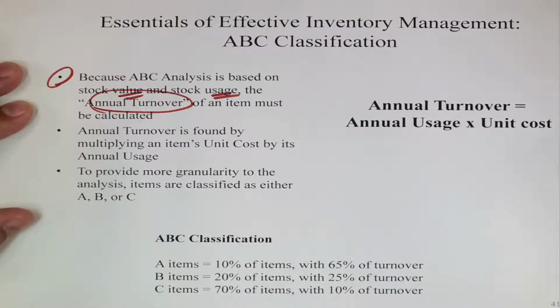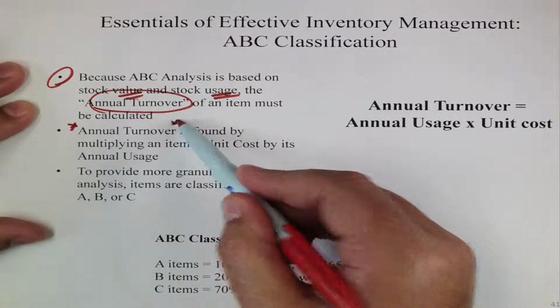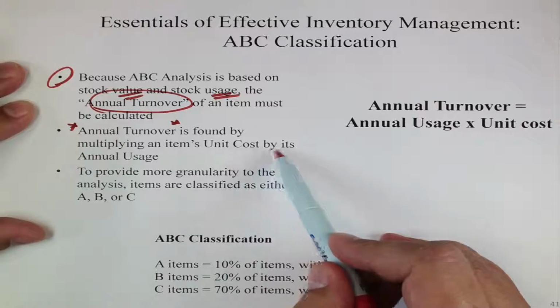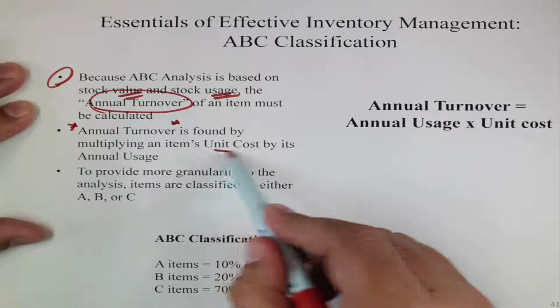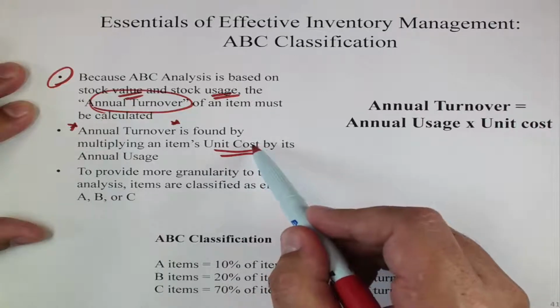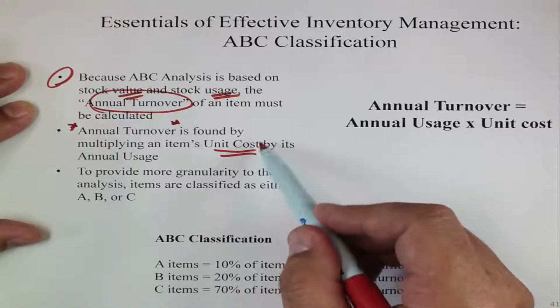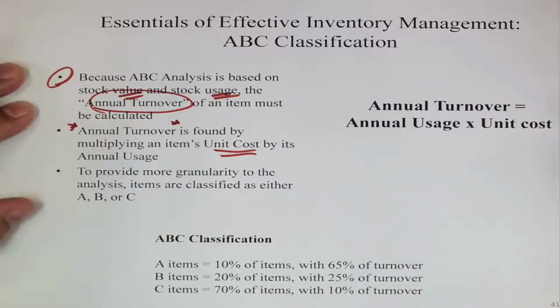How many units a year are we selling of that particular item? So that annual turnover is found by multiplying an item's unit cost by its annual usage. Not its sales price. This is an important accounting distinction. Not its selling price, but its unit cost within our organization, which is oftentimes found in cost of goods sold on an income statement.